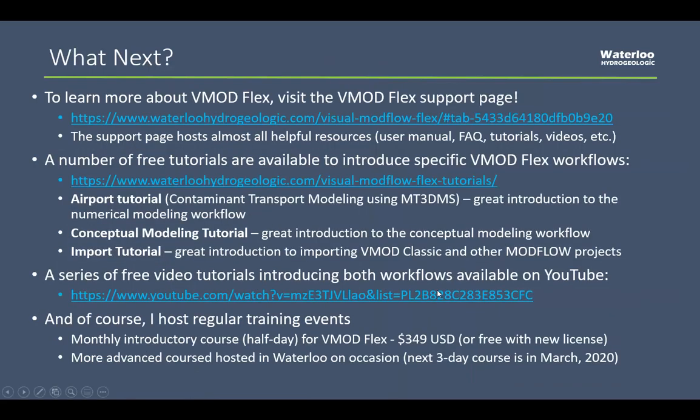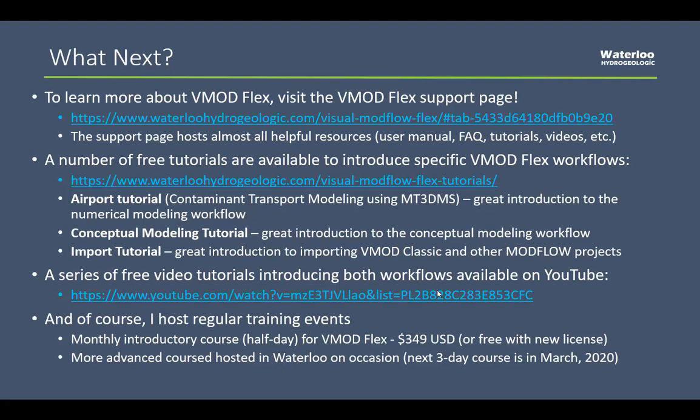So that's just a brief introduction again to some of the new things in Visual MODFLOW Flex. I would point you now to several additional support locations where you can continue to learn more about VMOD Flex. First of all, on our website, we do have the VMOD Flex support page.